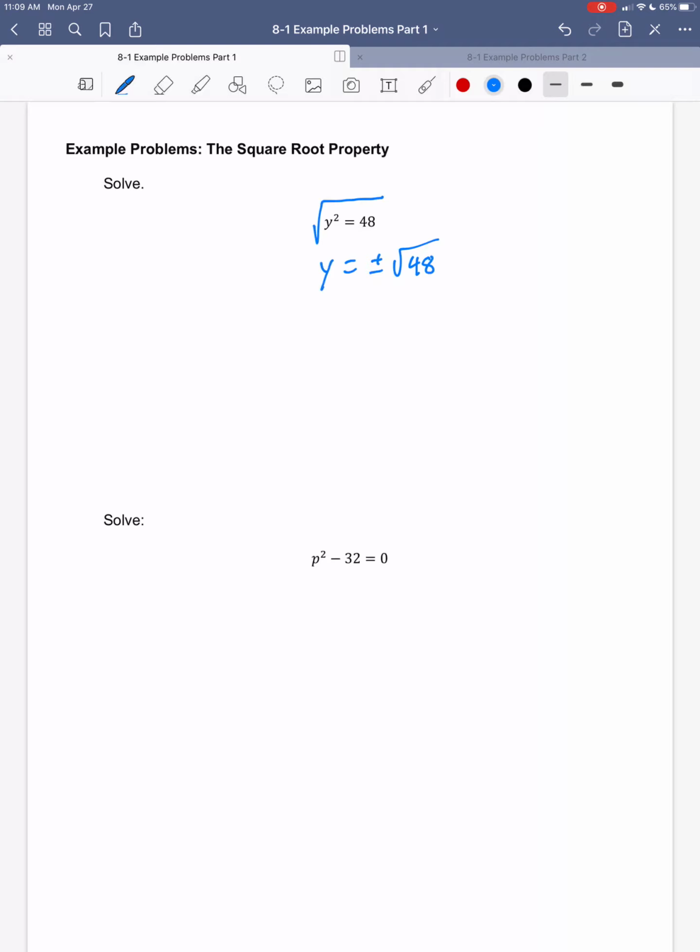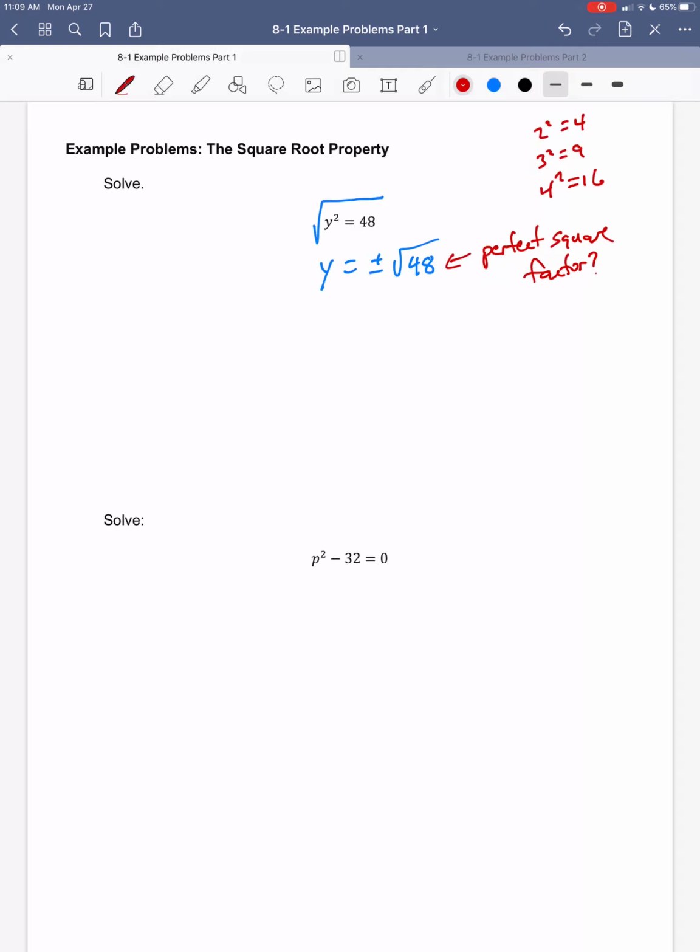And so what I look for is, is there a perfect square factor of 48? Is there something that goes into 48 that's a perfect square? Some perfect squares: 2 squared is 4, and that does go into 48. 3 squared is 9, 9 does not. 4 squared is 16, and actually 16 goes into 48 3 times.